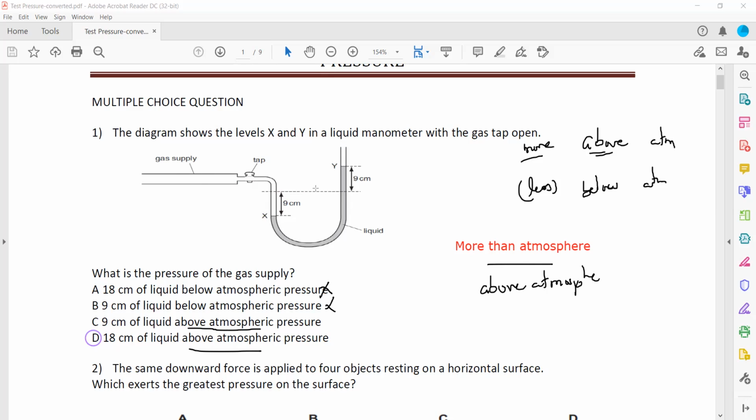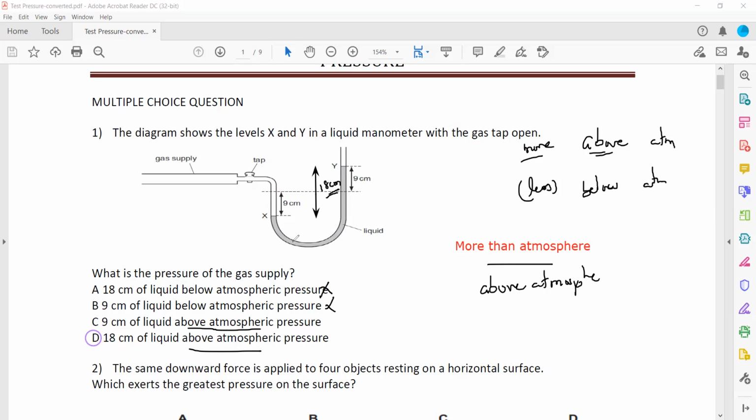So what is the difference in level of the liquid? When you check, 9 centimeters plus 9 centimeters, so total is 18 centimeters. So the difference in the level is 18 centimeters. So we also say that 18 centimeters of liquid above atmosphere.